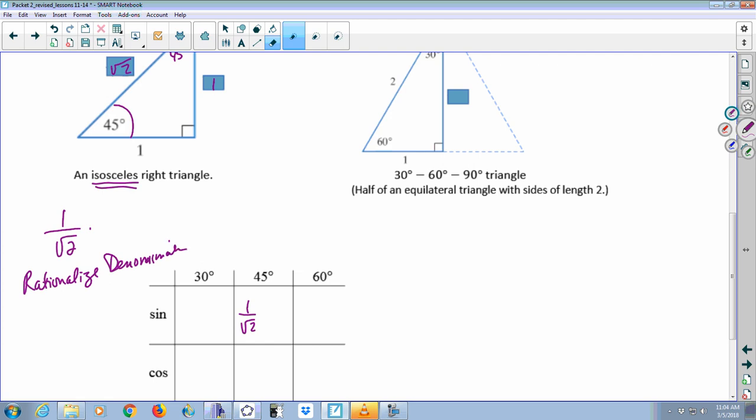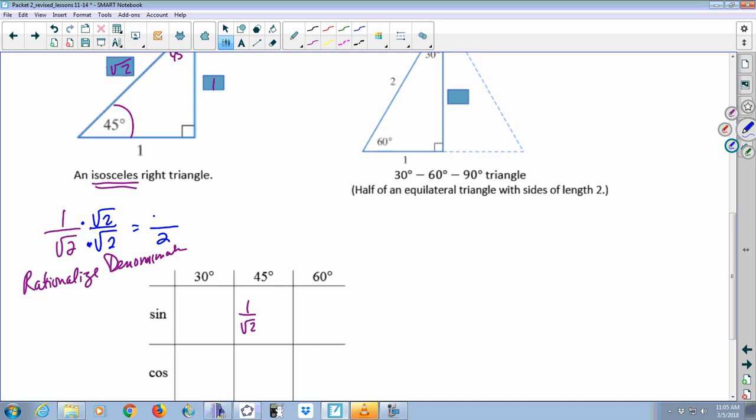All right, there we go. We want to rationalize the denominator. So how do I get rid of the square root of 2? I multiply it by itself. Square root of 2 times square root of 2 gives me a 2. But whatever I do to the denominator, I must do to the numerator, because I'm only allowed to multiply by some fancy form of 1.